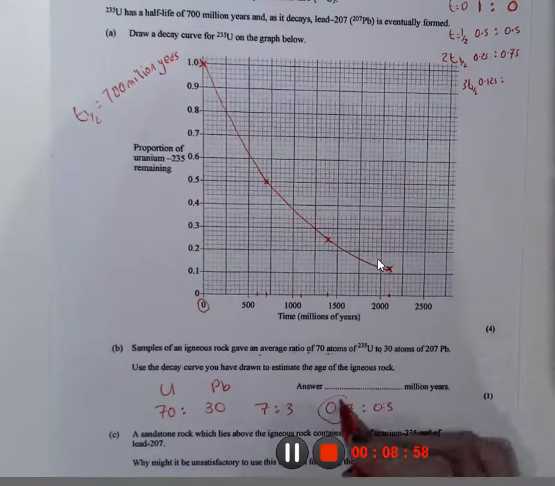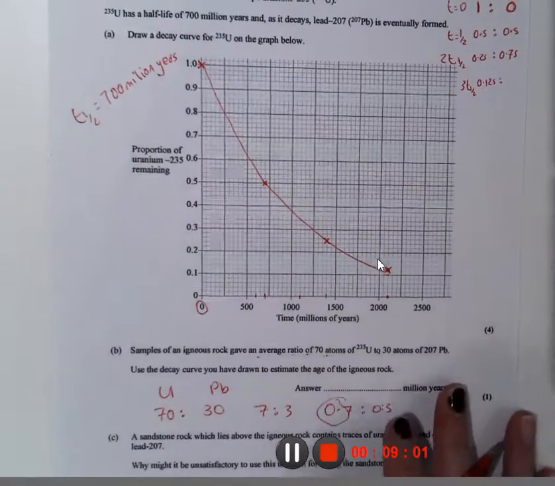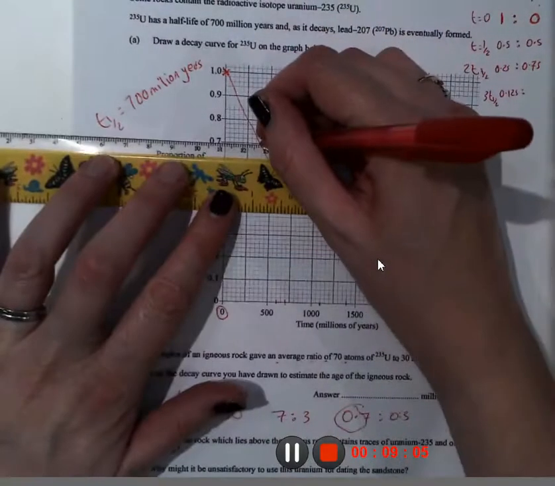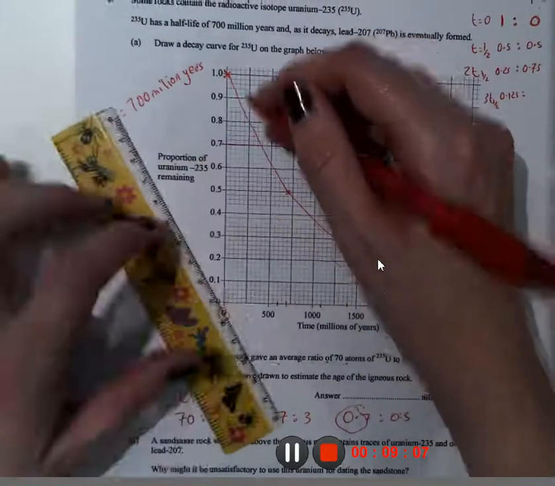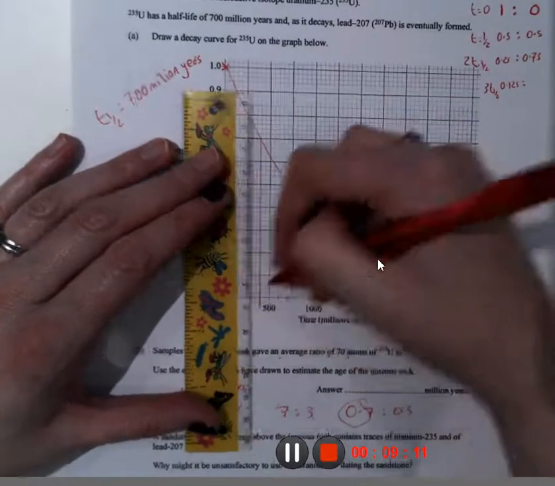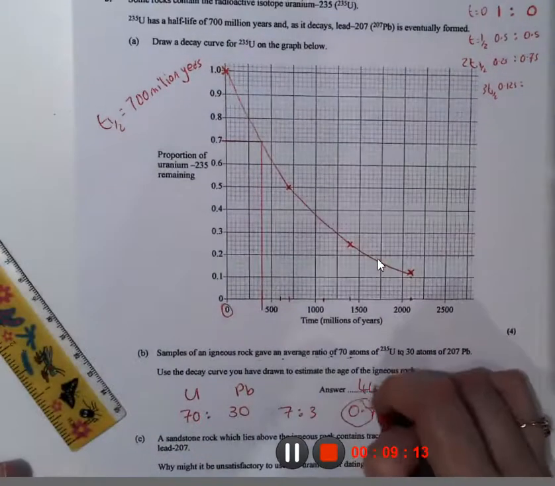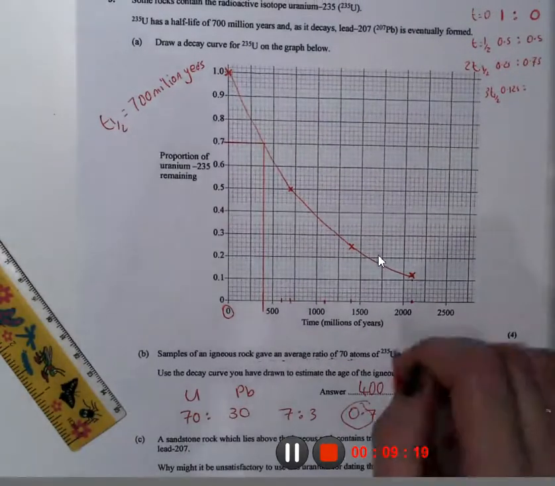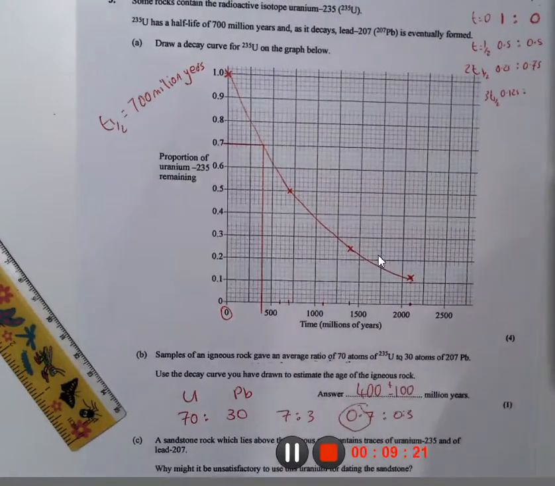We're looking for when uranium is 0.7. So go to your graph, draw a line across at 0.7, and then down here, and you get about 400 million years-ish. Okay, you're allowed plus or minus 100.